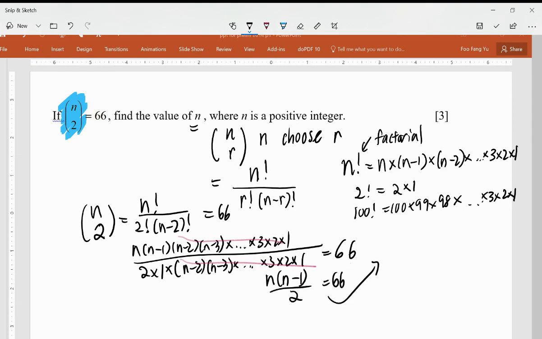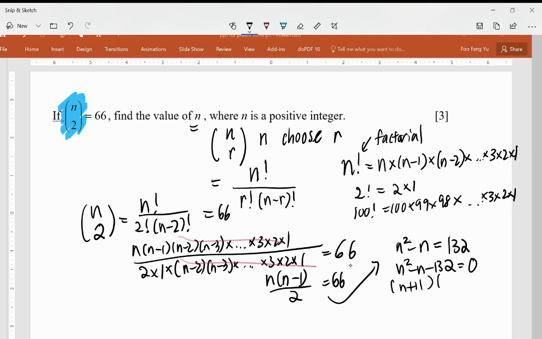So this is going to be a quadratic equation. n squared minus n. I'm going to bring the 2 over, so 66 times 2. Then n squared minus n minus 132 equals 0.